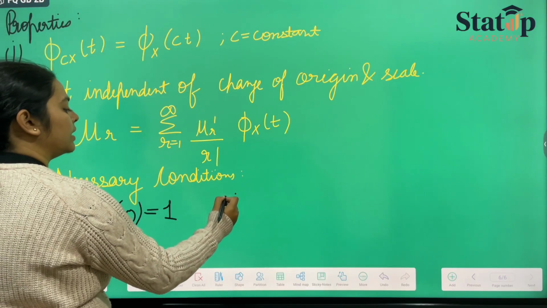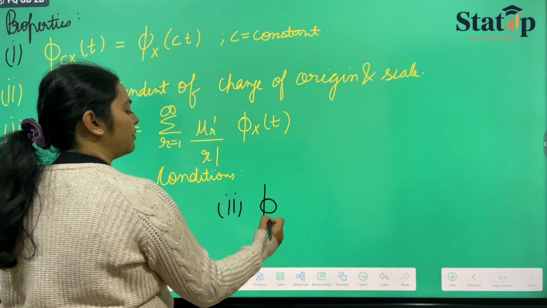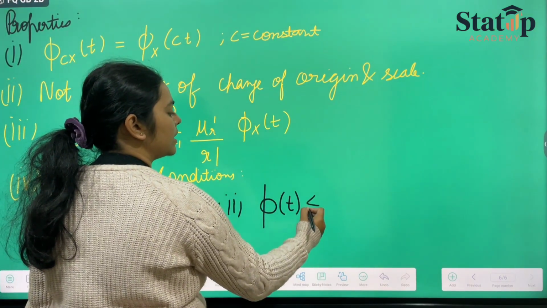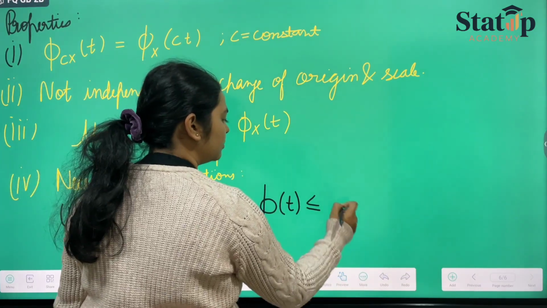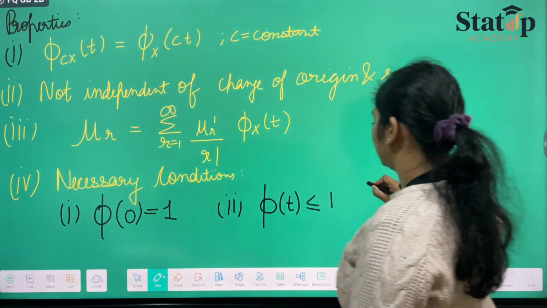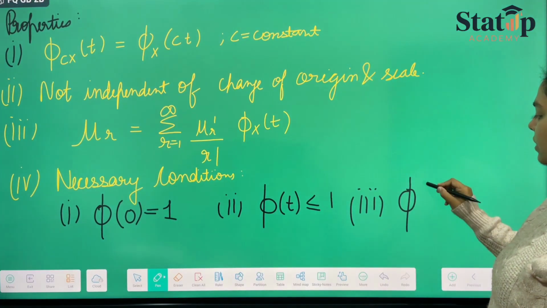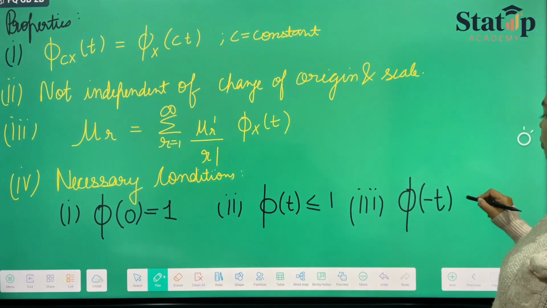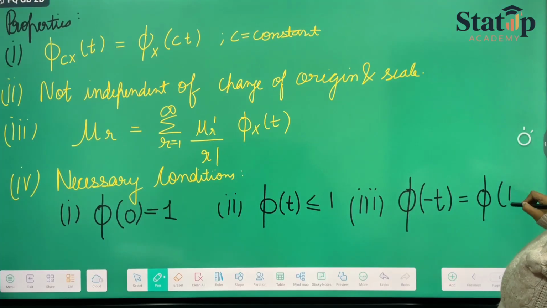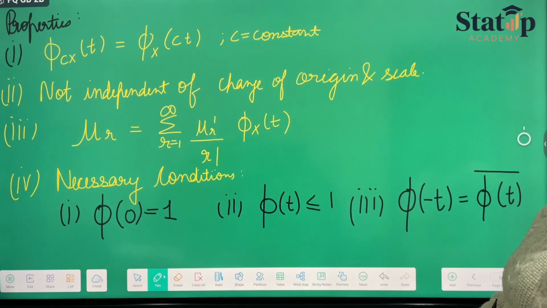Then the second necessary condition is that the characteristic function should always be less than or equal to 1. And the third necessary condition is the conjugate, that is, characteristic function of minus t should be equal to the characteristic function conjugate.